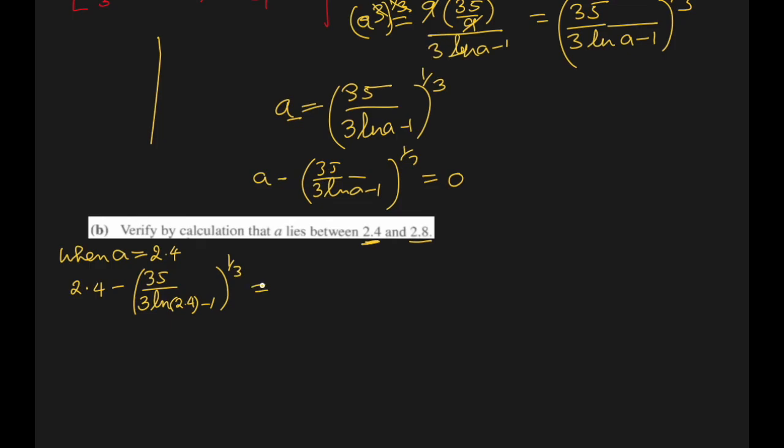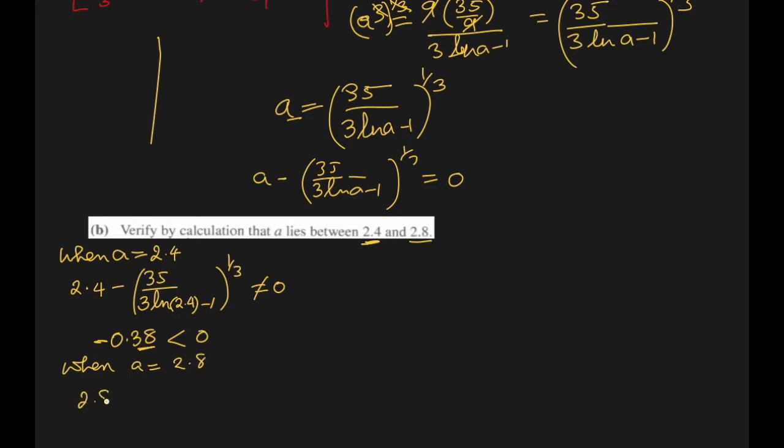Is it equal to 0? It will not be equal to 0. If you use your calculator, you'll get minus 0.38 approximately. I'm interested in the sign, not the number. It is less than 0. Can you see? It is not equal to 0. It is less than 0. Similarly, let's do when a is 2.8.